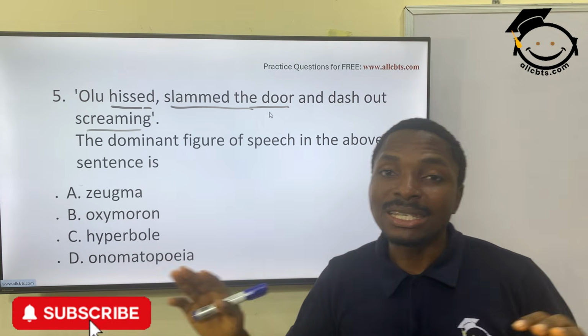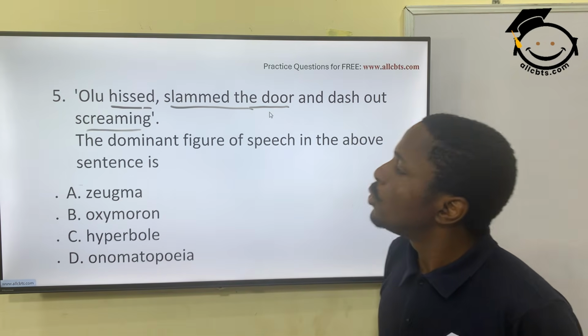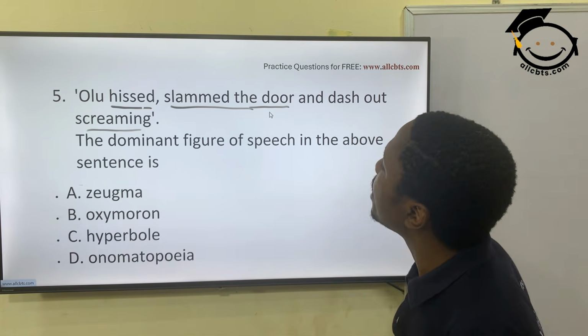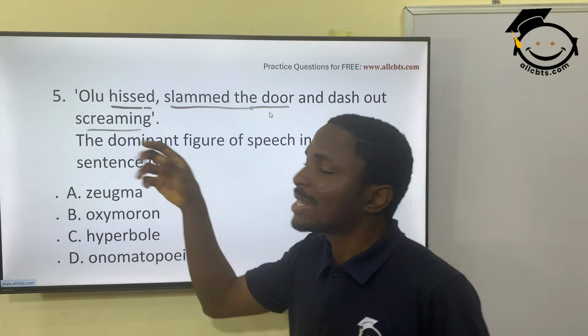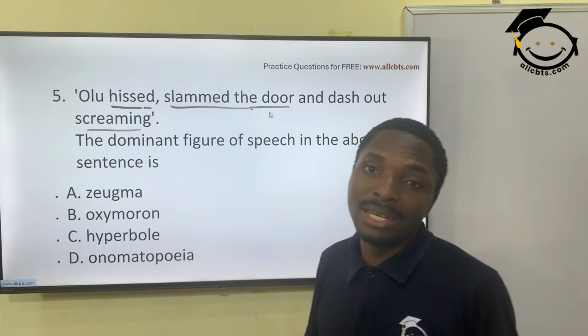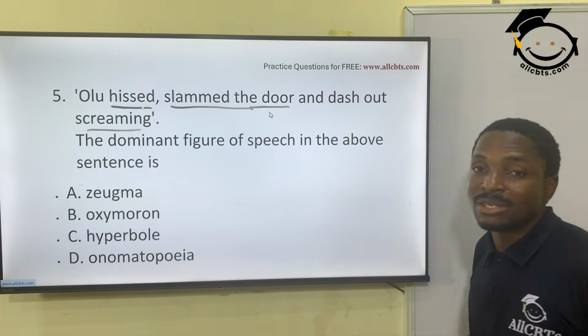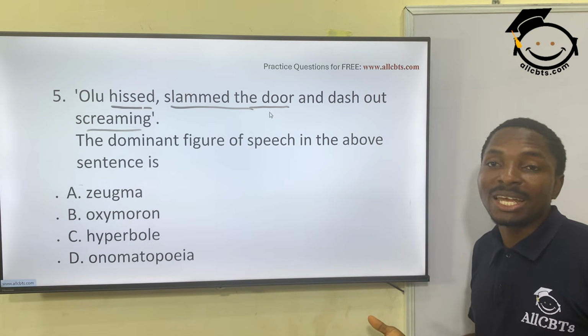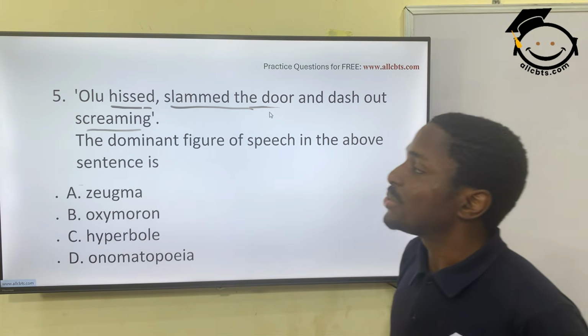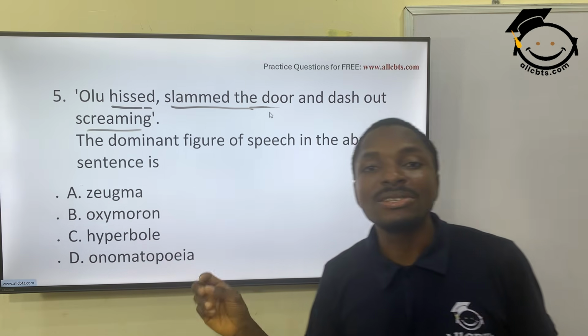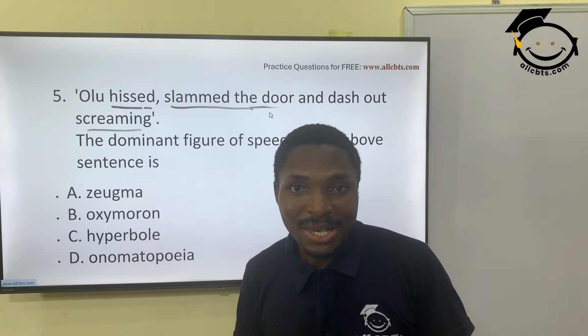So Olu hissed, slammed the door, and dashed out screaming. Hissed and screaming are the major play of the dominant figure of speech in this expression. And that is a characteristic of onomatopoeia.